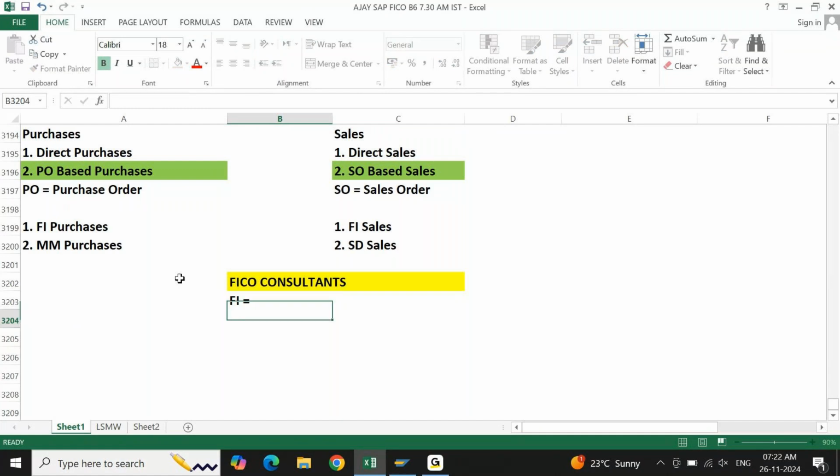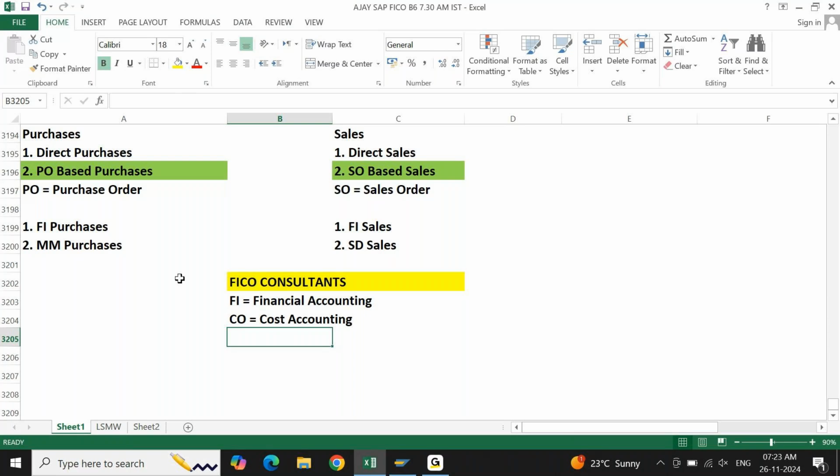FI is a separate module, CO is a separate module. What is this FI called? Financial accounting. CO is nothing but cost accounting or controlling. FI is financials or financial accounting.